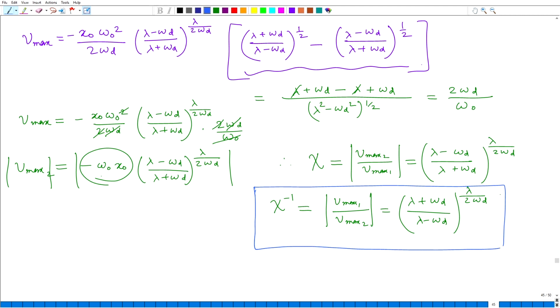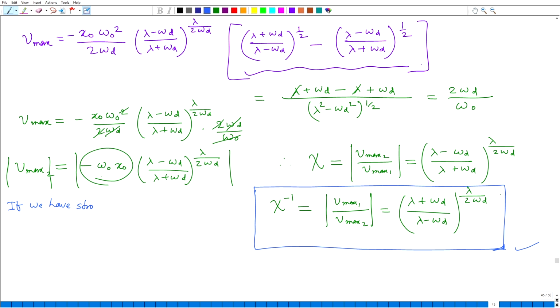okay, for our problem. Now, we will try to find this result in different limits. Okay. So, let us say we have very strong damping.